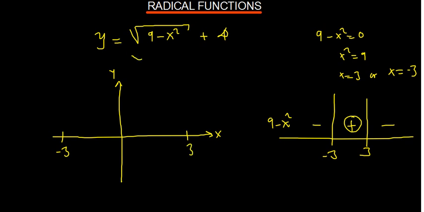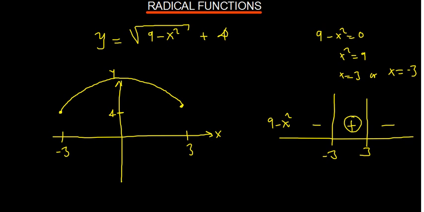Now notice that it is positive here, that's why the function is going to be going up. But you've also changed the y value, okay? It's now at positive 4. Meaning that the function is going to start at 3, positive 4 and negative 3, positive 4. Because it's positive here, the function is going to be going up. It will be going like this and also coming like this.